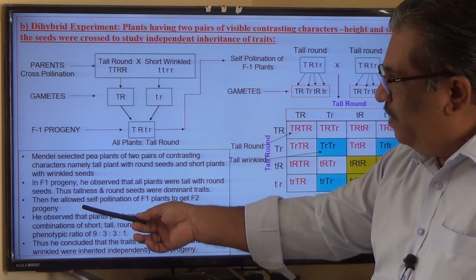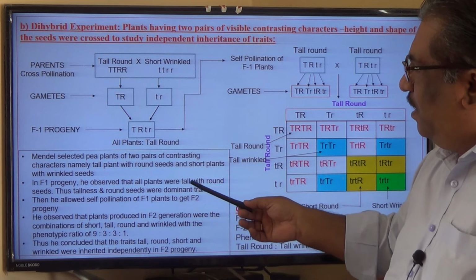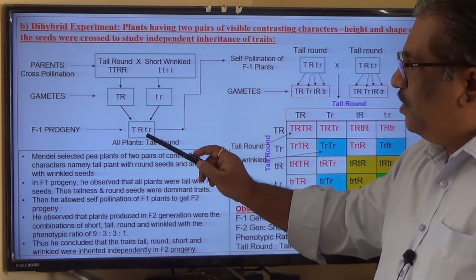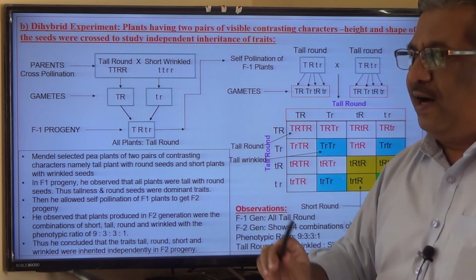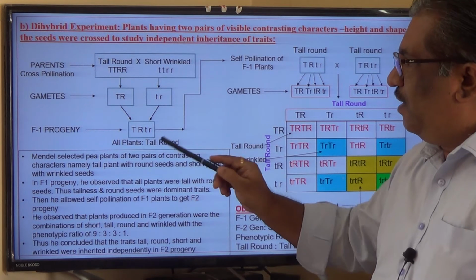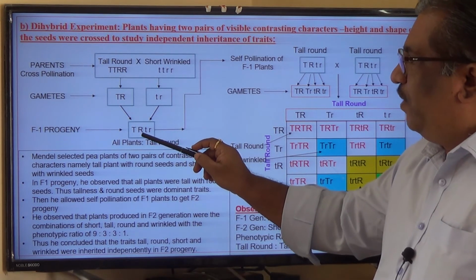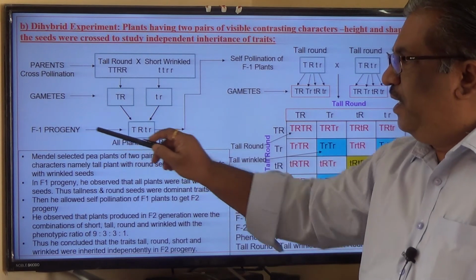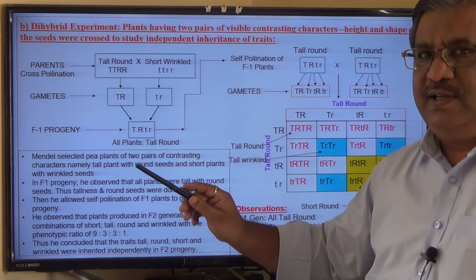And we saw that in the F1 progeny, he observed that all plants were tall with round seeds. So we can say capital T and capital R are the dominant traits, and small t and small r are the recessive traits, meaning the tallness and roundness got expressed in the F1 progeny, while the shortness and wrinkledness got suppressed.